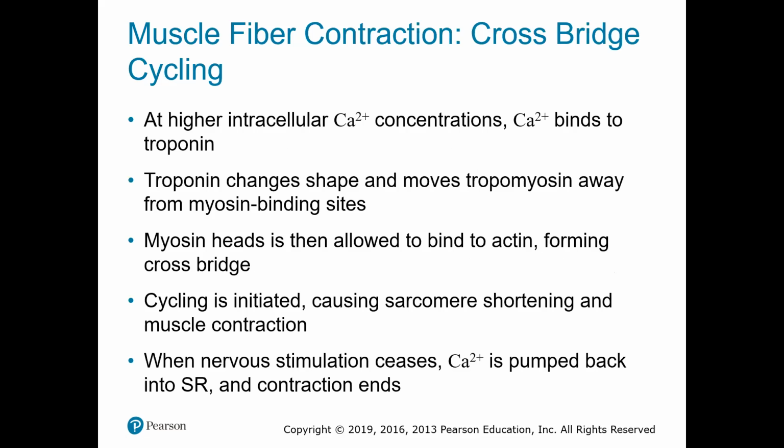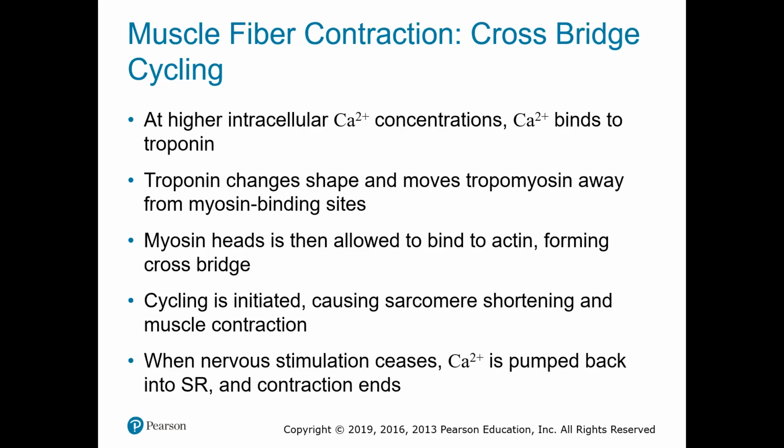Because what calcium does is that calcium binds to troponin. The troponin is the other protein in the thin filament. You've got the actin and you've got the tropomyosin, which is sort of woven through the thin filament, covering the binding sites, and then you've got troponin.